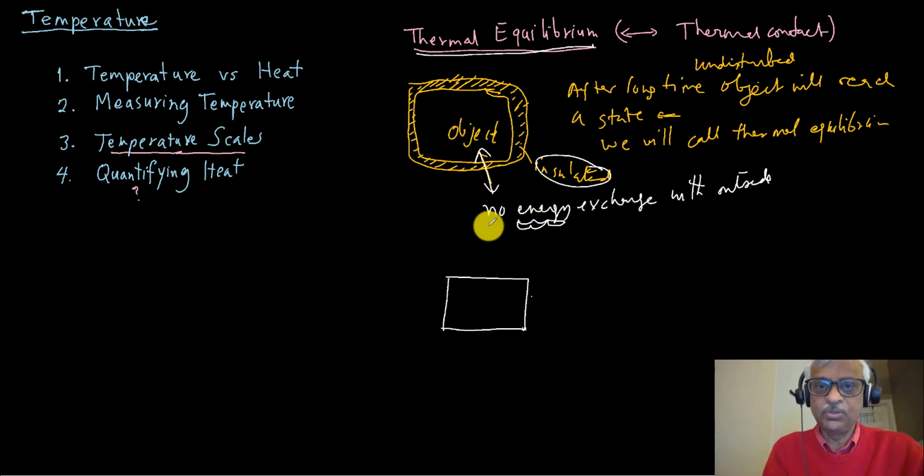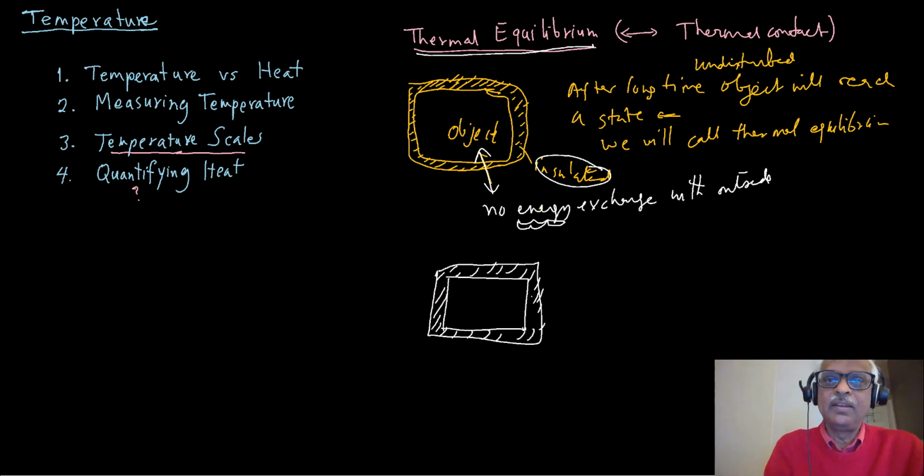Now let's see, this is thermally insulated. Imagine a space that's thermally insulated. So this is kind of a universe unto itself. And now we have object A in here and an object B here.